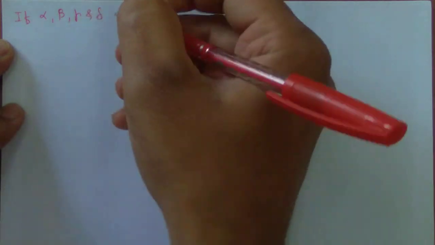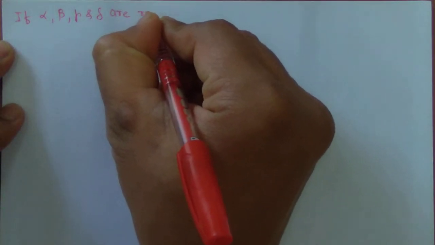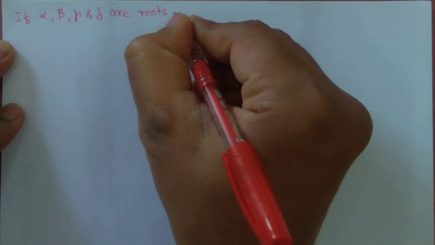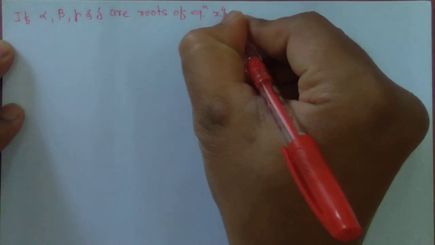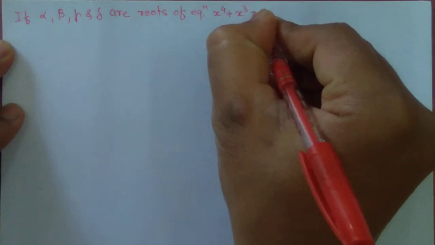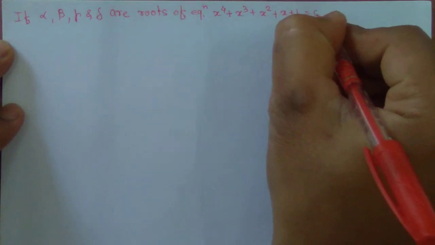So the question is, if alpha, beta, gamma and delta are the roots of the equation x raised to 4 plus x cube plus x square plus x plus 1 equals to 0.